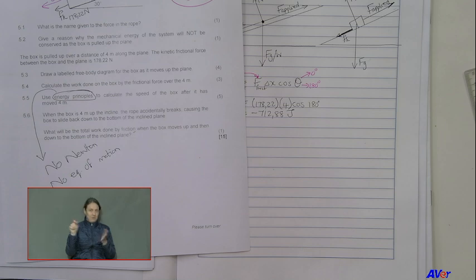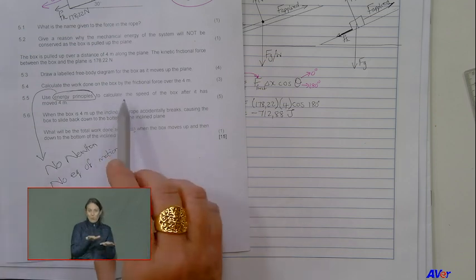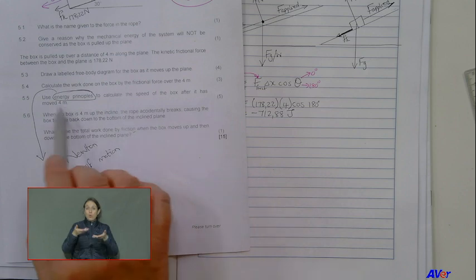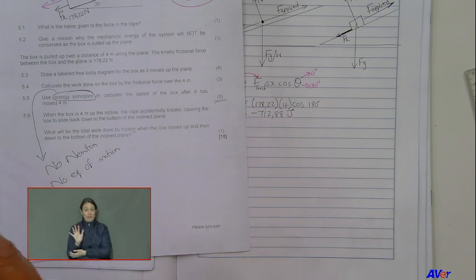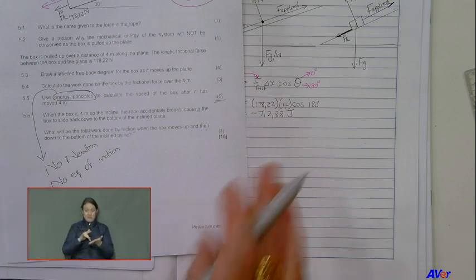Okay, so that's very important. If they say only energy principles, it's no Newton, it's no equations of motion. To calculate the speed of the box after it has moved 4 meters. Okay, it counts 5 marks. You're just going to do one calculation, but one very long calculation.